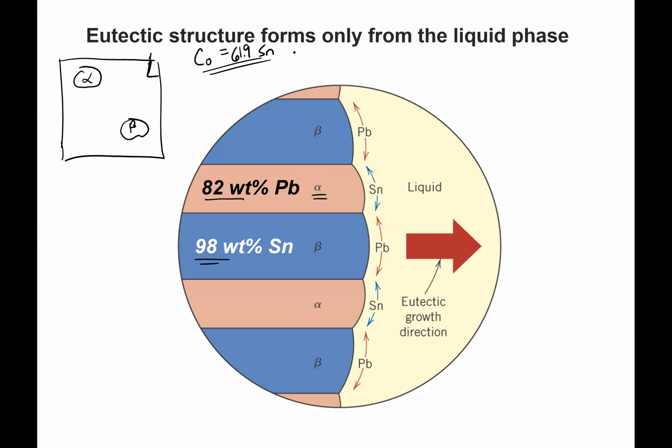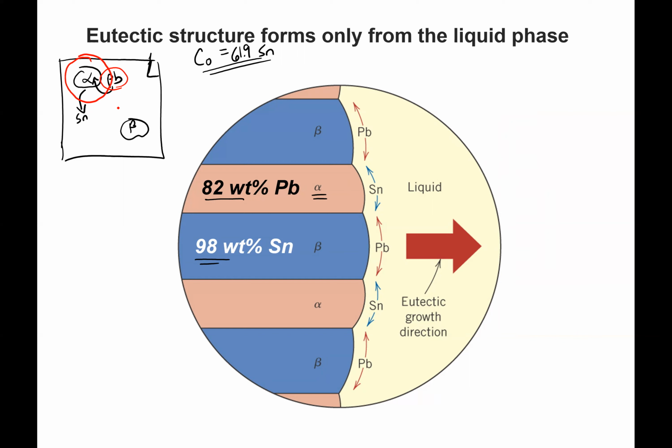So my alpha wants to get all the lead that it can. So it wants lead to diffuse to the alpha. But in order to do that, I've got to reject the tin that's nearby. So what that means is I'm going to end up creating this region around the particle as it's growing that is very high in tin because I'm consuming all the lead that's there.